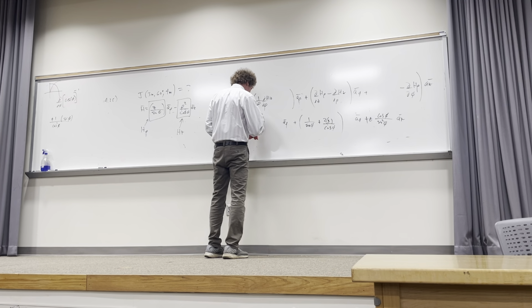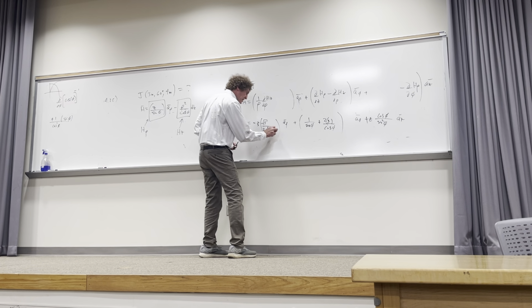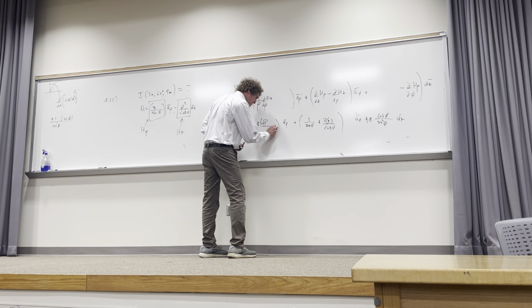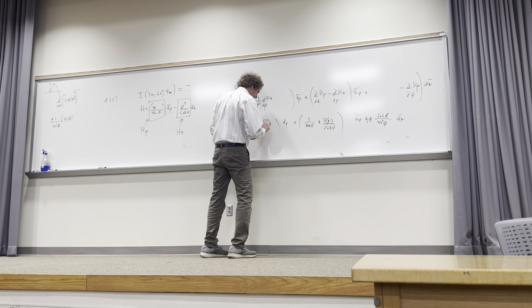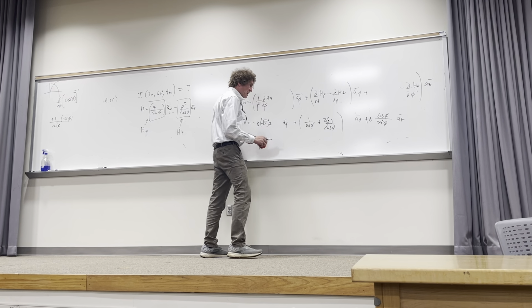I'm going to end up having a 2 come on top, and your calculators will do this for you in a heartbeat. So this is going to be times 2 here. Sine of 60 is square root of 3 over 2, and cosine of 60 is 1/2. So that means it's 4 times 3 here.